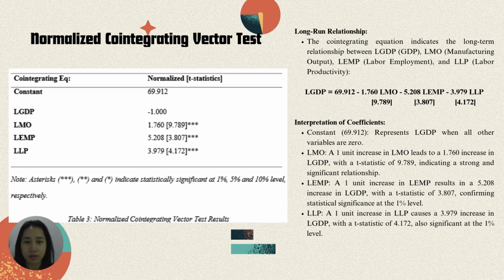A 1 unit increase in LEMP results in a 5.208 increase in LGDP with significant impact, t-statistic equal to 3.807. A 1 unit increase in LLP causes a 3.979 increase in LGDP, confirmed by a significant t-statistic equal to 4.172. So in conclusion, all 3 variables LMO, LEMP, and LLP have a positive and statistically significant impact on LGDP, highlighting their importance in driving long-term economic growth.